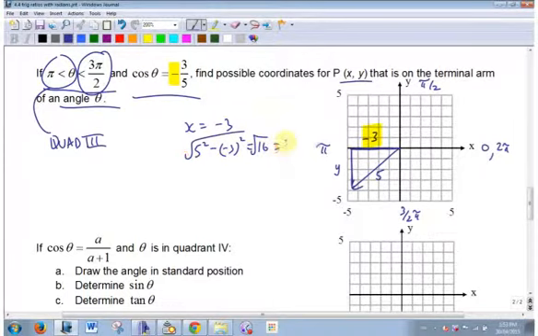Square root of that is 4. But careful. Is that positive 4? It's got to be a negative 4, right? Remember, when you take the square root of something, it's plus or minus. In this case, I want a negative 4, because y goes down. Okay, so what's the coordinates? Negative 3, negative 4. And I know it should be negative, negative, because it's in quadrant 3.